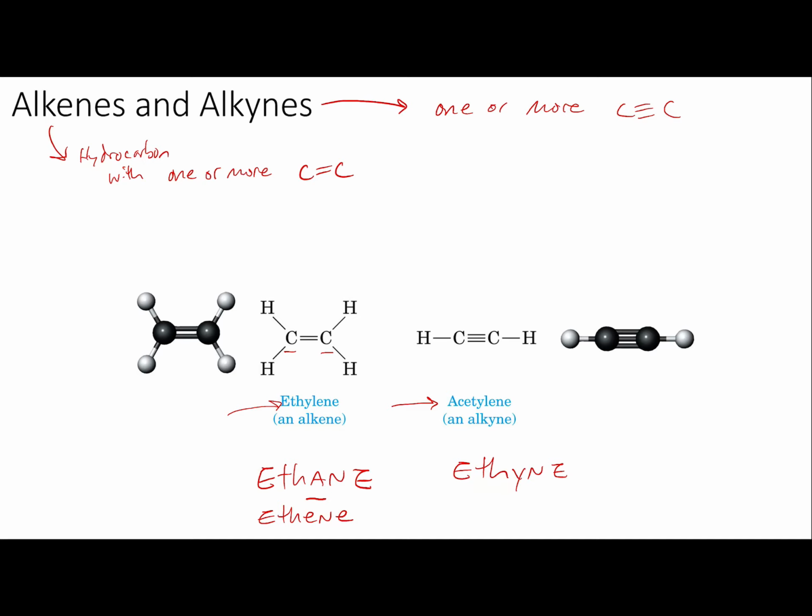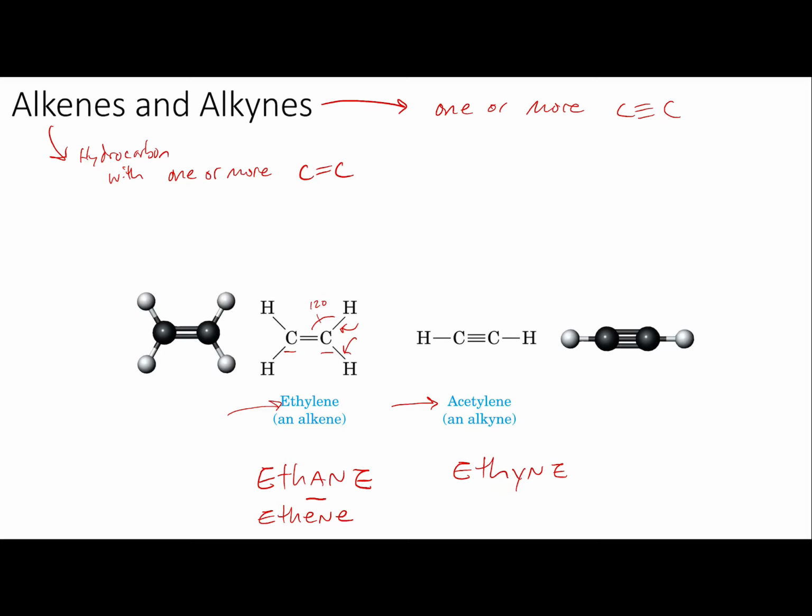Now we can talk about the VSEPR model with these two. The VSEPR model predicts bond angles of 120 for each carbon of a double bond. So bond angles of 120. Whenever carbon is involved in a double bond, it is automatically going to have either two single bonds or another double bond.